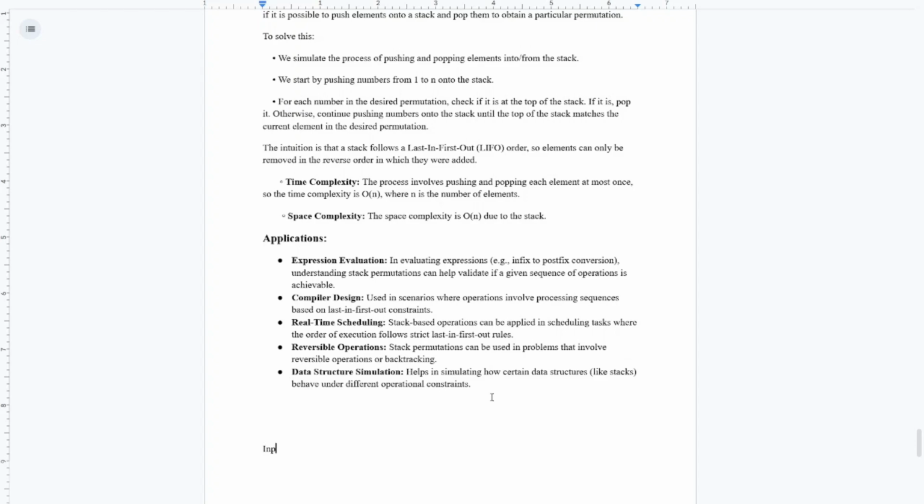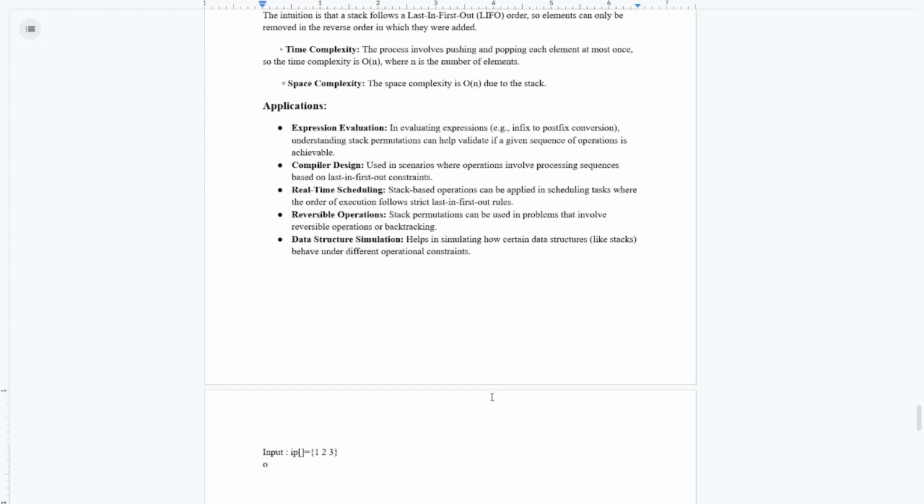Coming to the input. So if you are given an input array in the format say 1, 2, 3, and an output array in the format 2, 1, 3. Okay. So what will happen? You will create a stack and you will push an element, that is 1, from the input array.